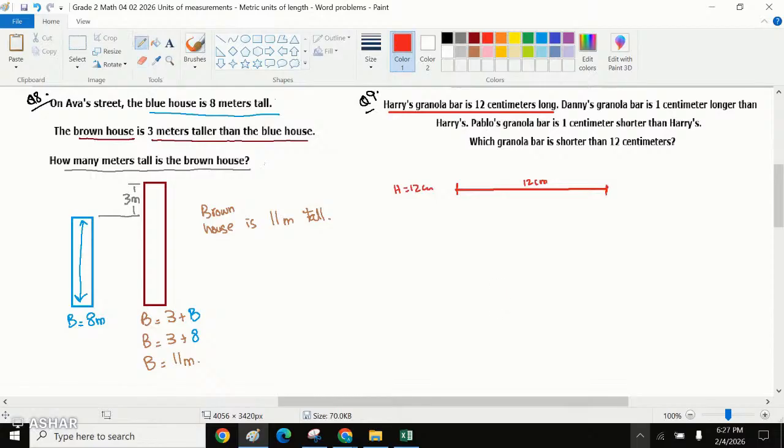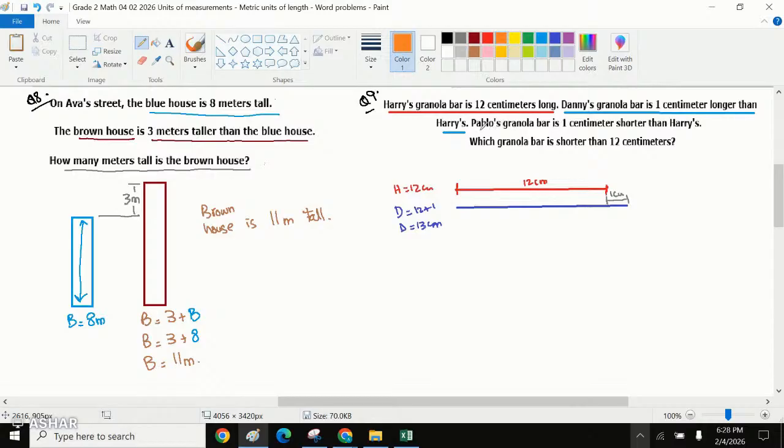Danny's granola bar is 1 centimeter longer than Harry's. That means the difference in length was 1 centimeter. That means Danny's should be 12 plus 1. Danny's should be 13 centimeters.